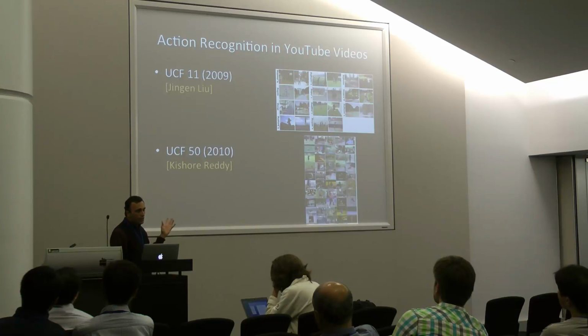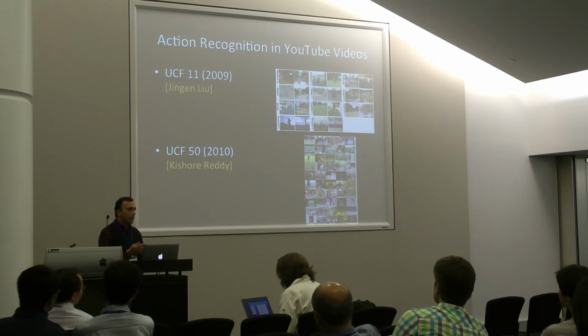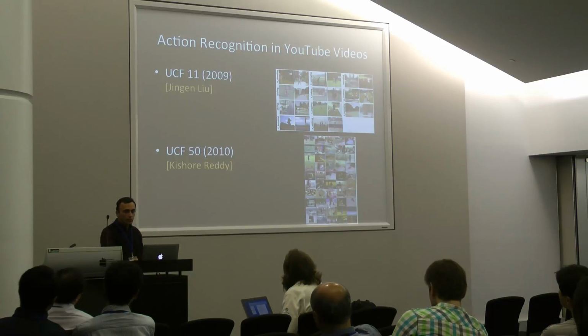UCF 11 was the first one to really popularize that, and based on that success, UCF went on to generate the UCF 50 dataset, which is very popular these days in the action recognition community. Collecting this kind of data is very non-trivial, particularly when the training set has to be temporally segmented. So a lot of downloading from YouTube and temporal segmentation, making it available.